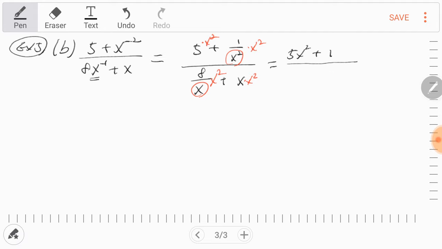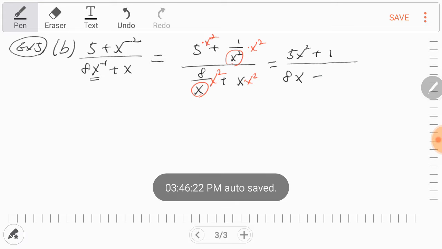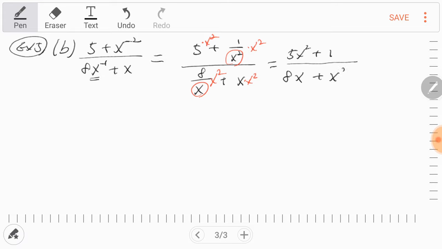Denominator, 8, 1x cancels out, so 8x, plus x times x squared is x cubed. So the numerator is already prime. And the denominator, we can factor out x. So 8 plus x squared. So this is the expression.